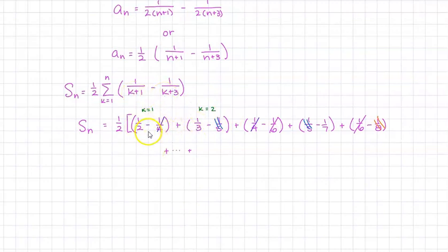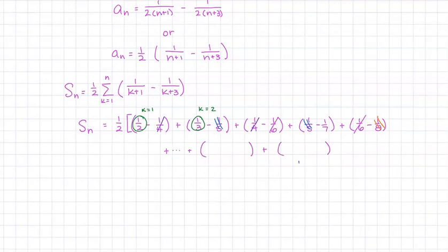I have something left in each one of these. I have a 1/2 and a 1/3. It took two expansions to have what I was going to have left. So that means at the end, I also need two expansions. I'm going to have this expansion and then this expansion.